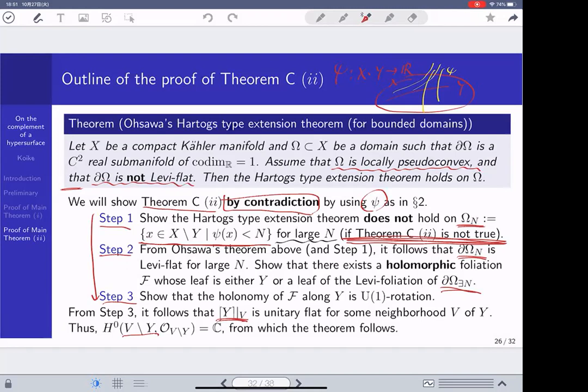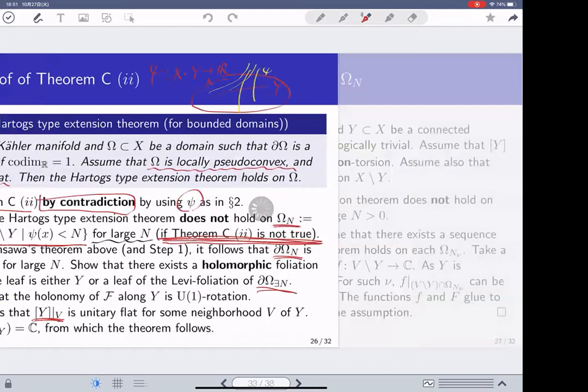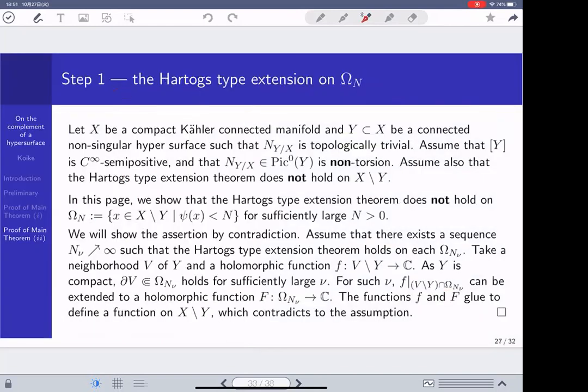So it automatically extends. So the Hartogs type extension theorem clearly holds. This is the story. Okay, let me explain this.